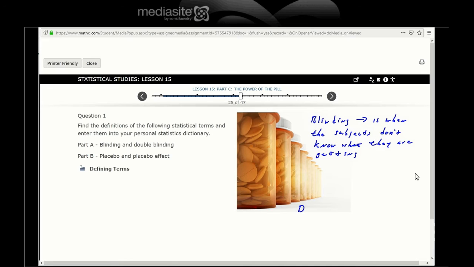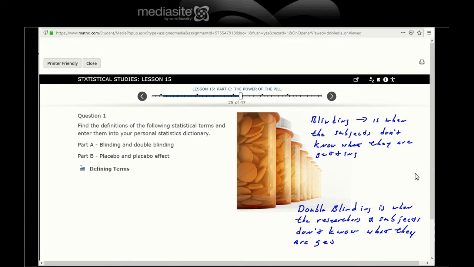Double blinding is when the researchers and subjects don't know what they're getting, in terms of treatments.